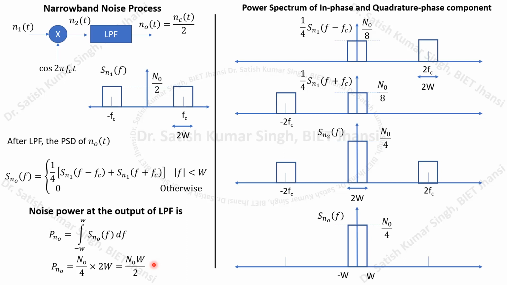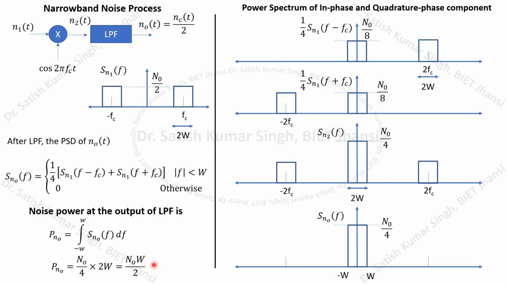So try to understand this particular discussion. I hope you have understood how to calculate the power of a narrowband noise process from these calculations. Do practice this calculation, because in my next lecture I will be discussing how to calculate the signal to noise ratio for different communication receivers.